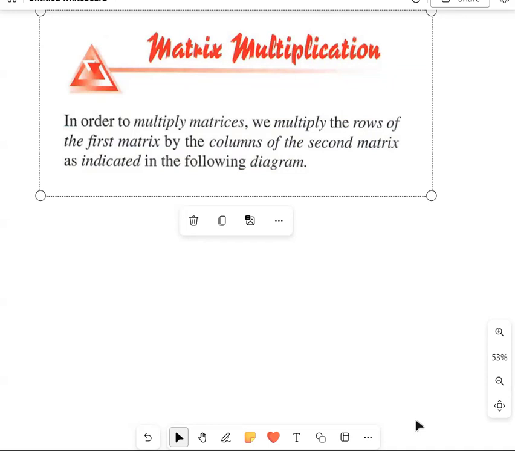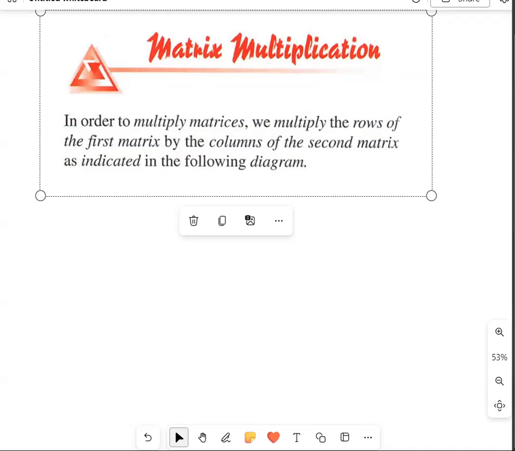And the funny thing is that there is a certain condition that needs to be met before you can go about multiplying.